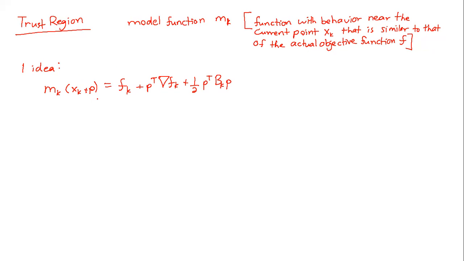And then this will be the function value, so f evaluated at xk, and this one would be like del f evaluated at xk. And then this one can be some Hessian or approximation of it at xk.